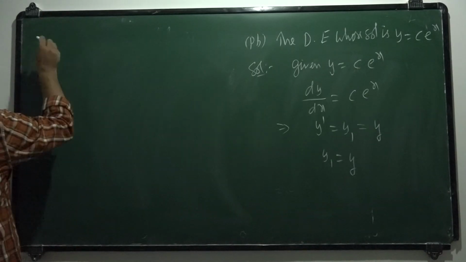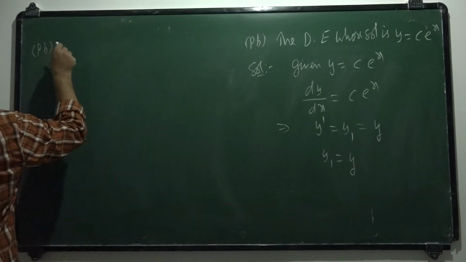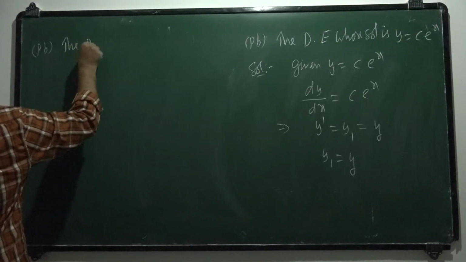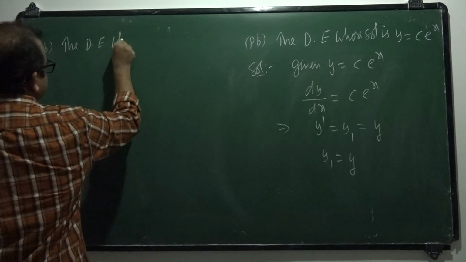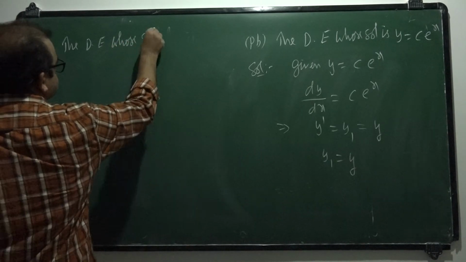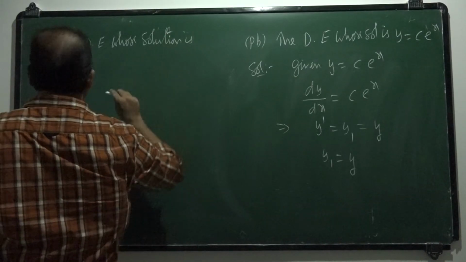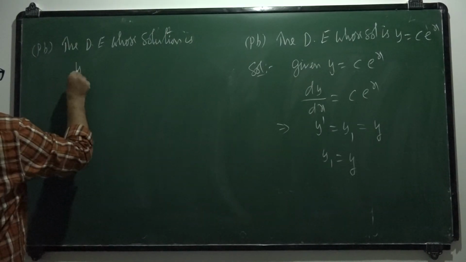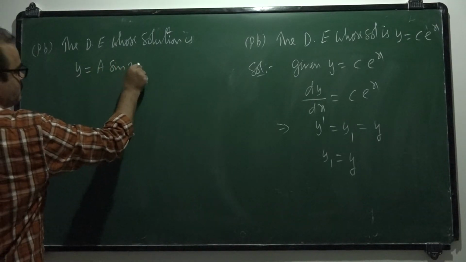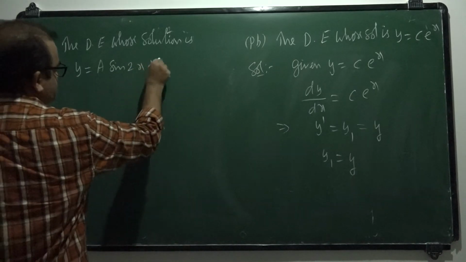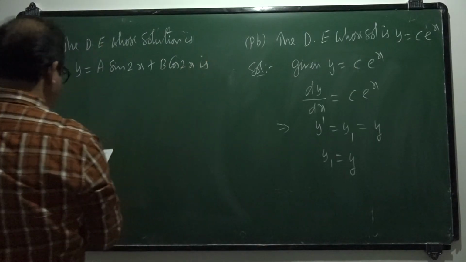Next, the differential equation whose solution is y is equal to a sin 2x plus b cos 2x.